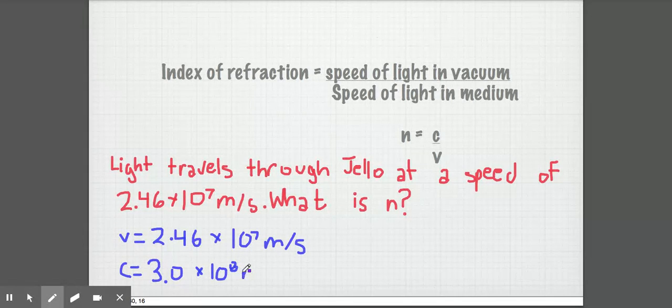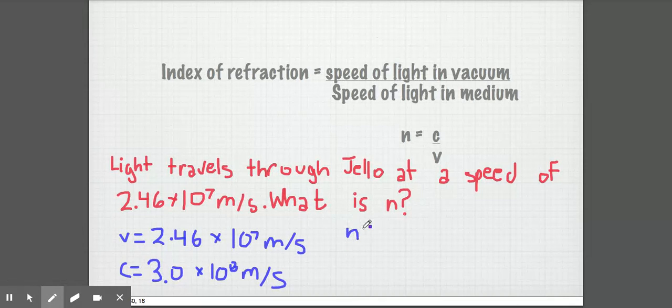Once we have the two values, we can really easily see what we're solving for. In this case, we have V, we have C, so we must be solving for N. If we weren't sure, the question asks us, what is N? Remember, N is the index of refraction. So this question is asking us, what is the index of refraction of jello?